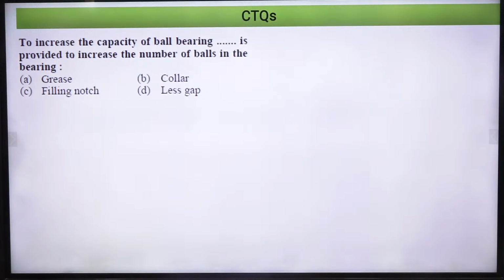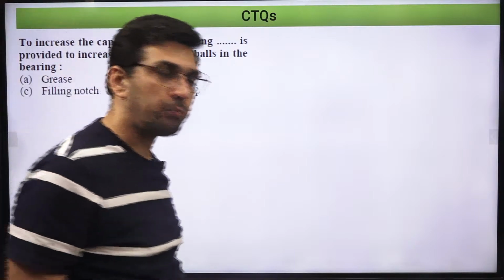So what mechanism do you provide in ball bearings so as to increase their load carrying capacity? Capacity means what? Obviously load carrying capacity. Any answer?